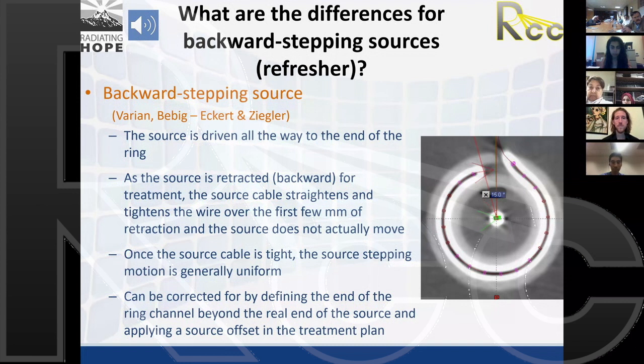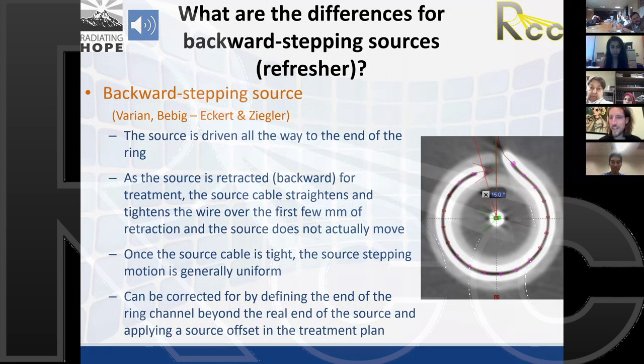So this will appear as the first few millimetres of source cable retraction, and the source won't actually move physically inside the ring. Once the source cable is tight enough, the source starts moving in the ring, and the stepping motion is generally uniform with equally spaced dwell positions. To correct for this in the treatment planning system, you can define the end of the ring channel beyond the physical end of the real channel, and then apply a source offset in the treatment plan.